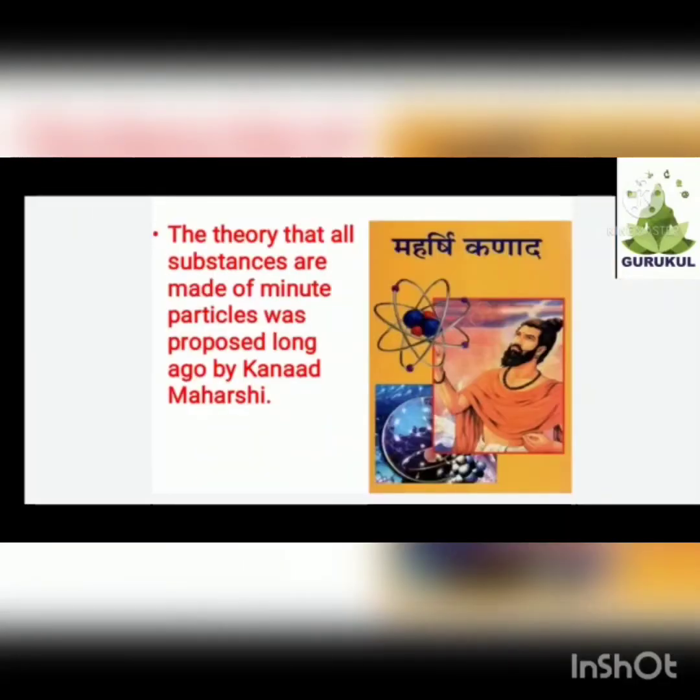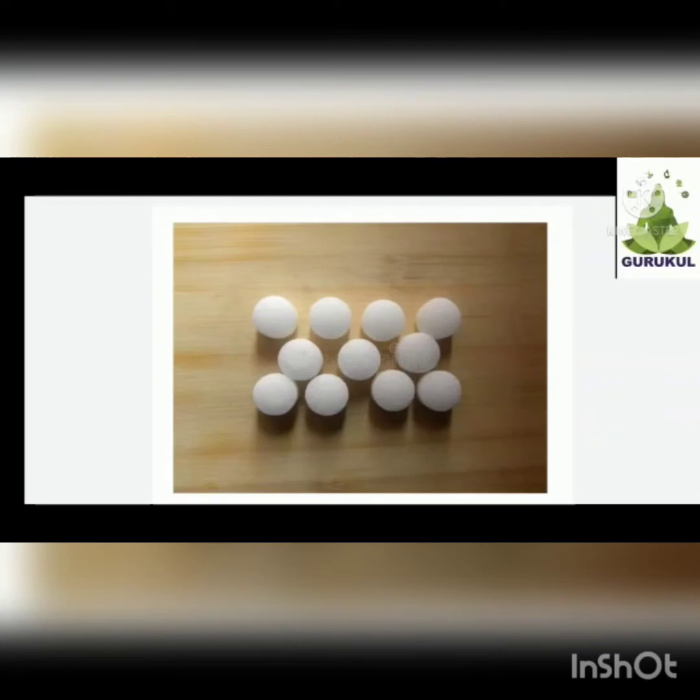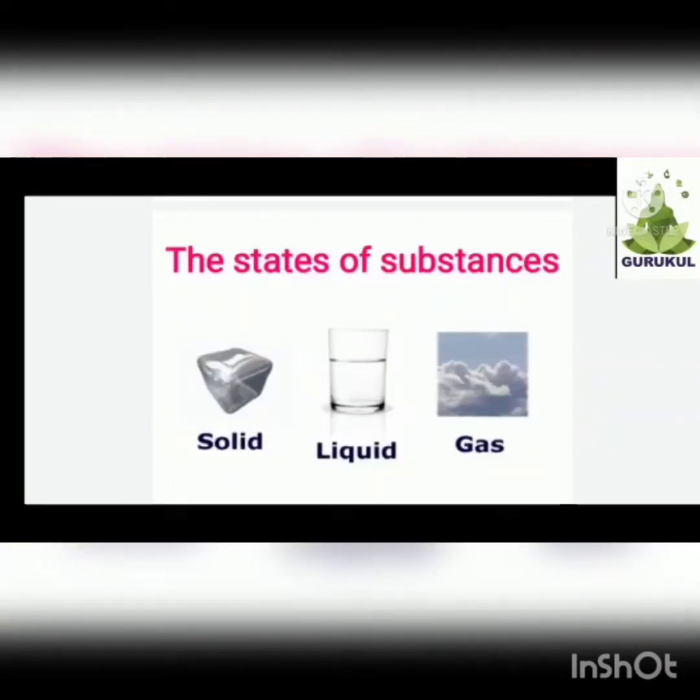In the last period we learned about what substances are, then who discovered the theory of substances. Correct? Okay. Then we had seen one example of naphthalene. Correct? Okay. So today we want to learn our next point, that is the states of substances.